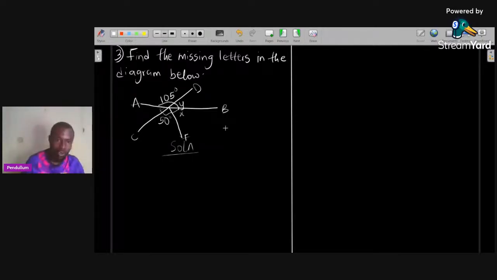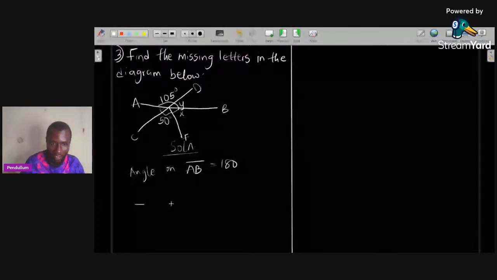So to find Y, there are two ways to find Y here. Angle on line AB is 180 degrees. That's the angle from here to here. And we know that this first side, the angle between AD, is 105 degrees. Let me draw it out.